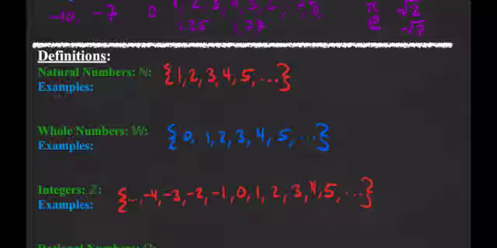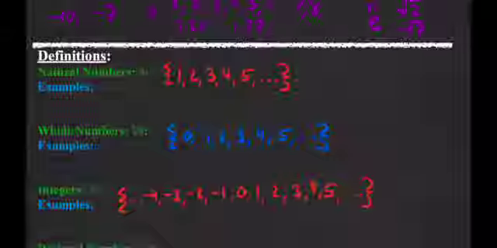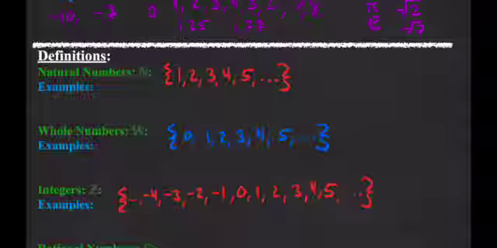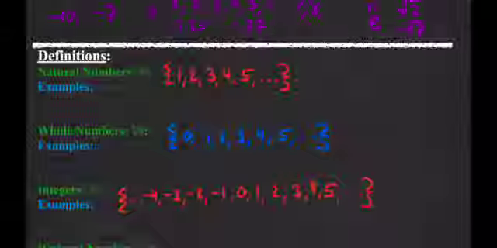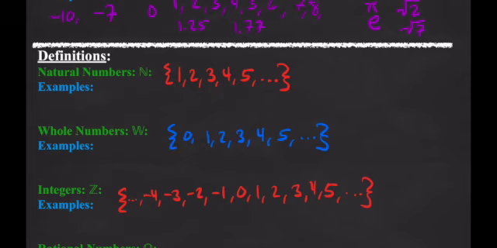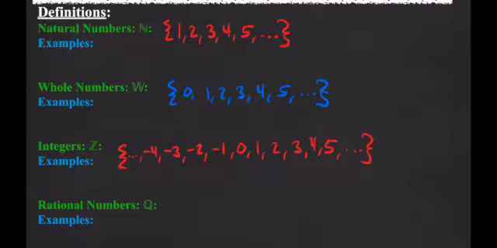We cannot buy a negative amount. So in that situation, we are working strictly in either natural numbers or whole numbers because we could buy 0 of them, or we could buy 1, 2, 3, 4, or 5, or even more than that if we really needed to. So whenever we are thinking about these, we sometimes want to make connections to real life to see how they can actually be applied.